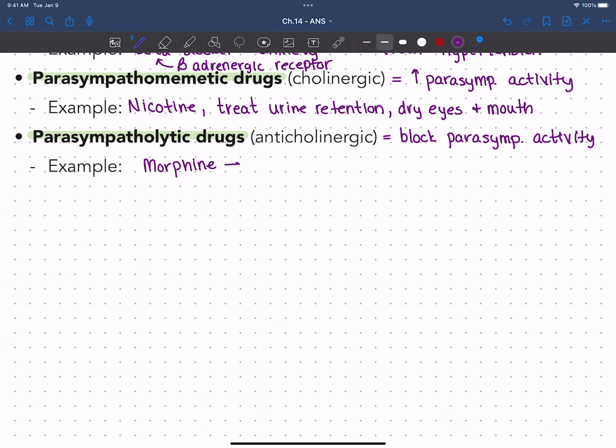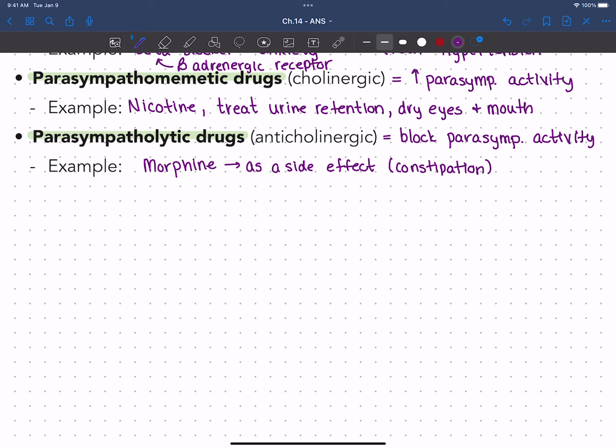A side effect of it is a parasympatholytic effect. And so the most common result of this is constipation, which is a very common problem with somebody who is taking morphine for pain.